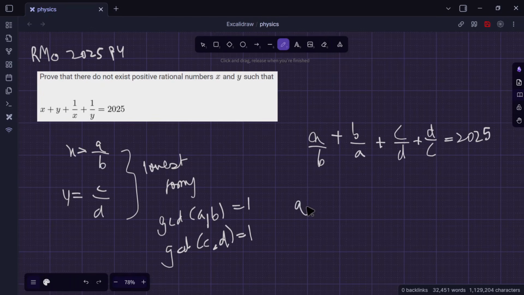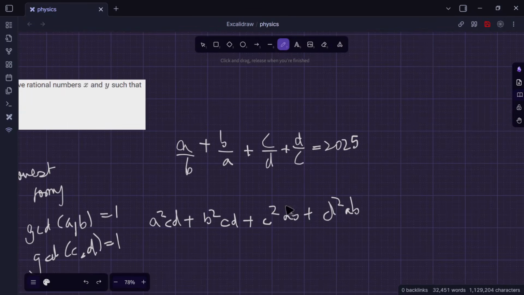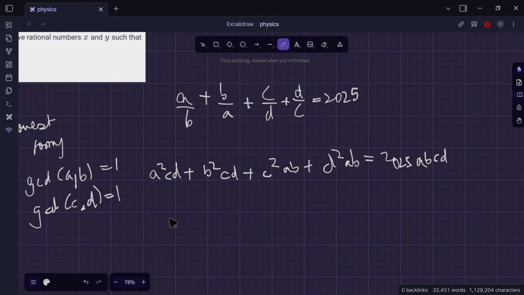Expansion is always great. And expanding this will give a squared CD plus b squared CD plus c squared AB plus d squared AB. This is a nice expression because we can combine them, and this is equal to 2025 times ABCD.